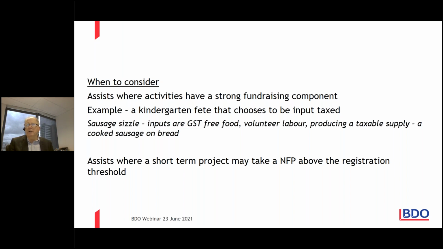And you can't say, oh, it's only a fete, therefore we shouldn't have to. If the transaction is by the entity itself, then that falls within it. So, the standard sausage sizzle, all your GST-free food, your volunteer labour, but you're producing a taxable supply, a cooked sausage on bread.